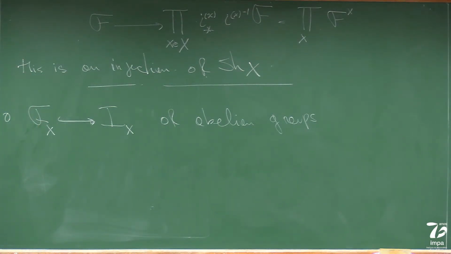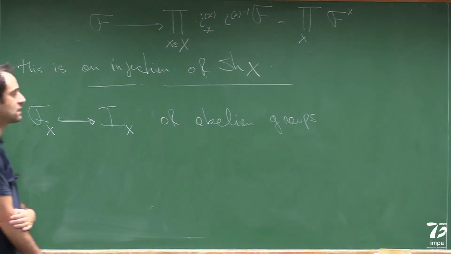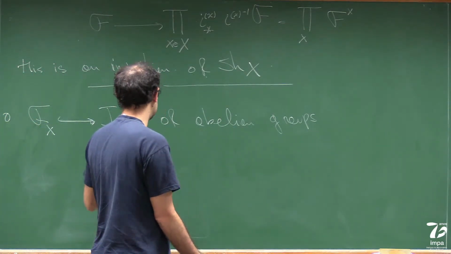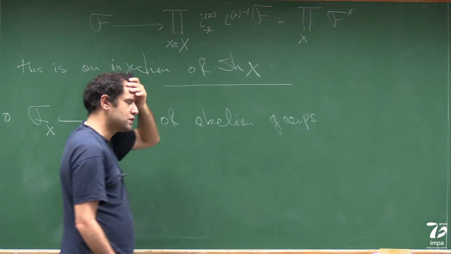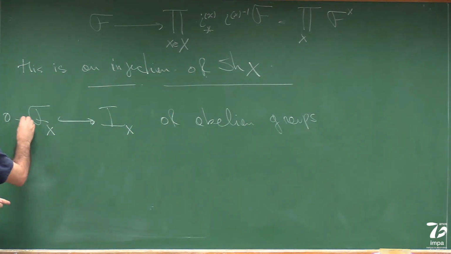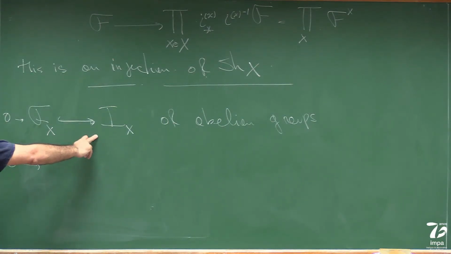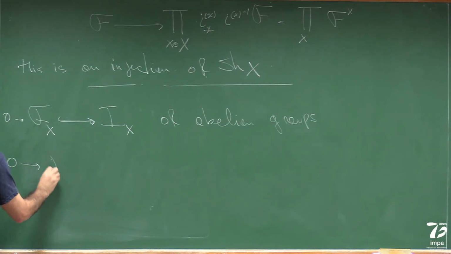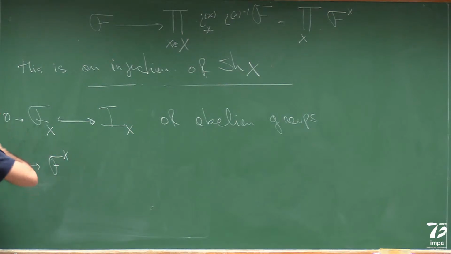Another thing to notice is that the push forward for this closed embedding is actually exact. It's left exact always. In this case, it's exact. It doesn't really matter. We're going to prove it anyways. But this already says that if I look at the push forward of these things under i, so by definition, I get F_x.